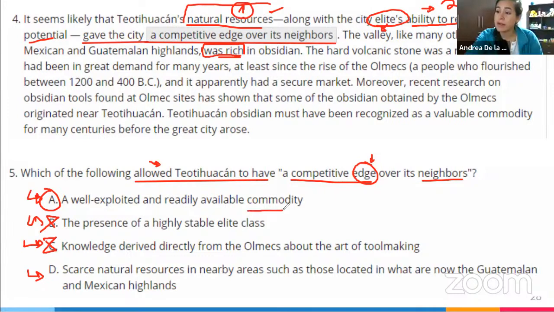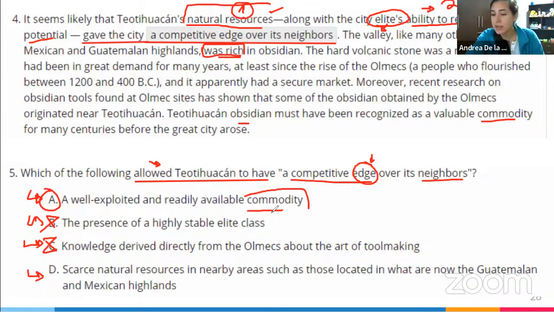Exactly, great. Commodity is a resource. It's the synonym of the word resource. And actually they use it here, right? Obsidian was a valuable commodity. So we know that obsidian was a commodity. Obsidian was a resource that they had. Commodity basically means the goods that you have, like the properties, the resources, the things that you have, right?